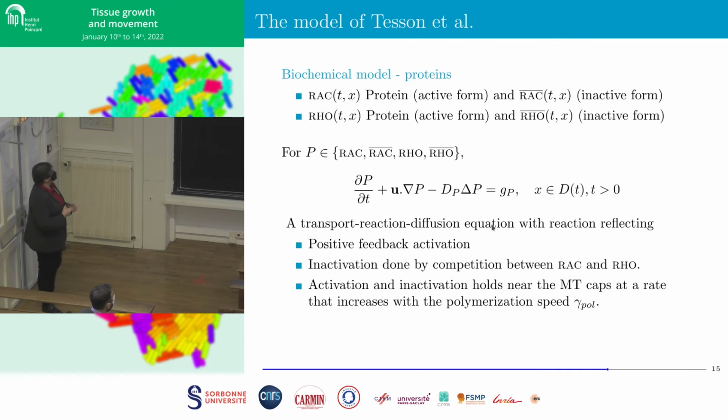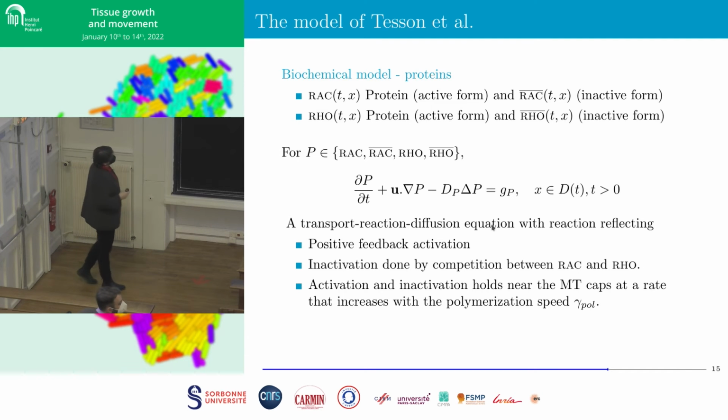So let's come back to the chemical model. For the proteins, we find again the same type of equation that we have in Edelstein-Keshet. I will be more precise on the reaction term.